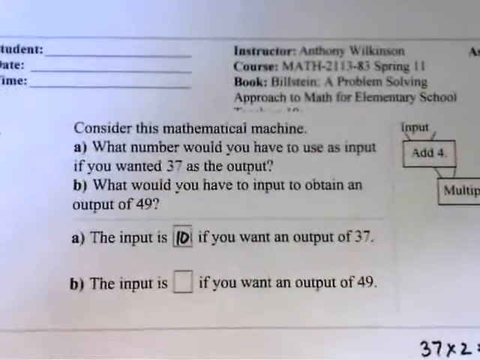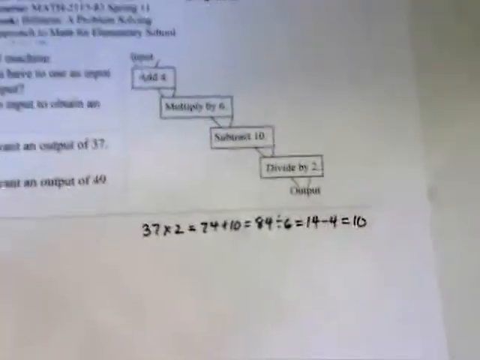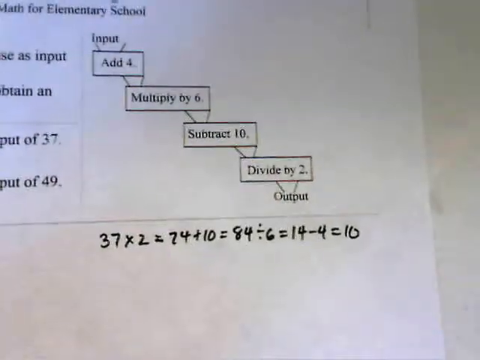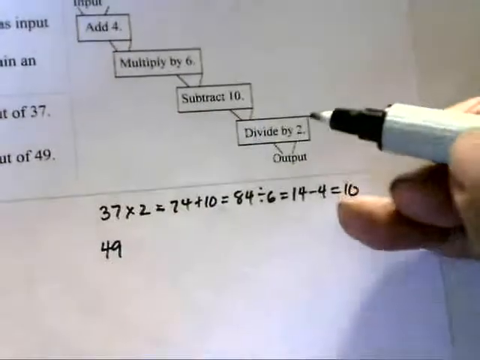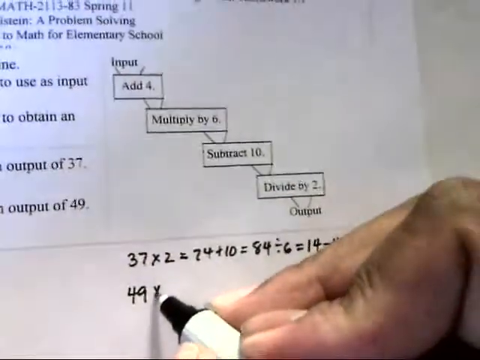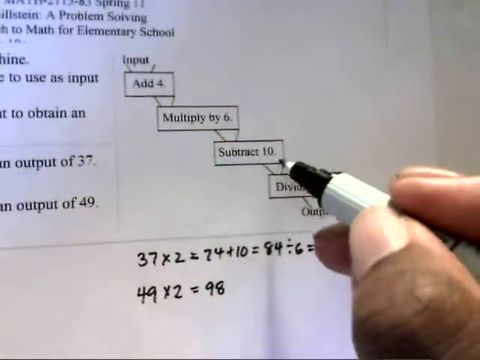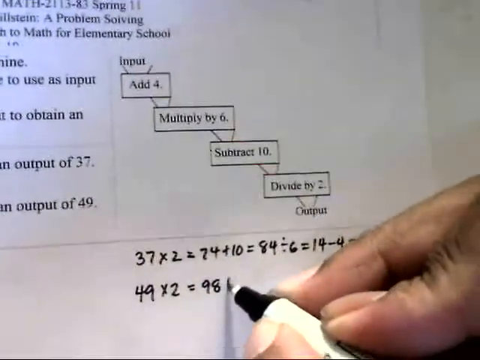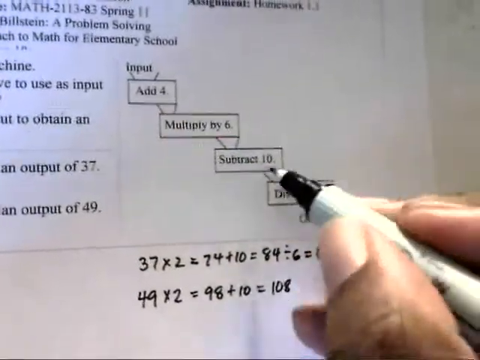And then for part B, what would you have to input to obtain an output of 49? And we'll do this the same way as we did that other problem. We'll start off with the 49. We divided by 2 to get 49, so we had to multiply by 2. So it was 98. We subtracted 10 to get 98, so that means we had to add 10 to get 108.